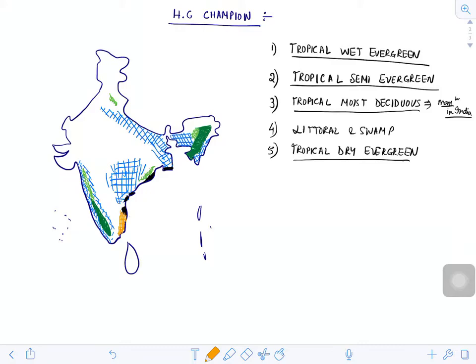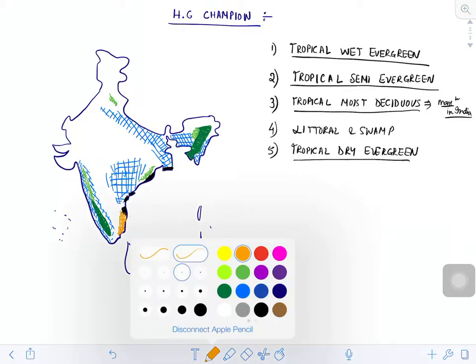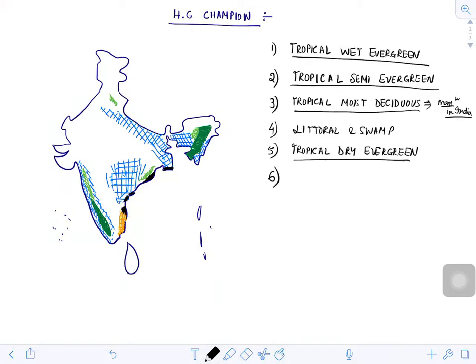Next we'll talk about tropical dry deciduous. This is also really important because after tropical moist deciduous, the maximum area in India is covered by this type of forest.